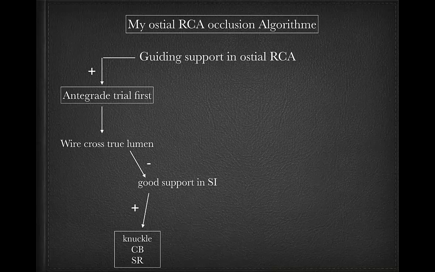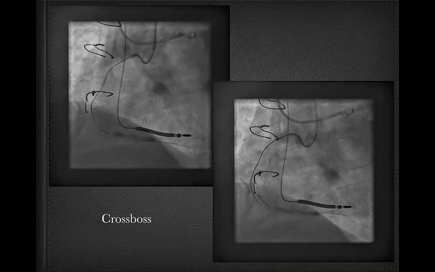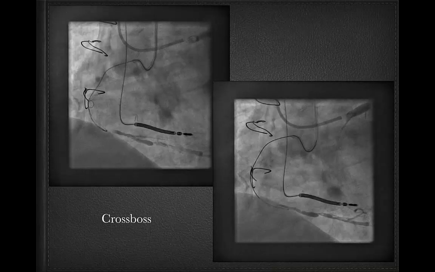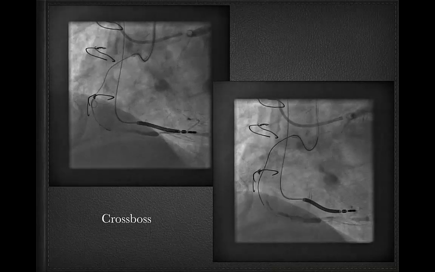So we are now in ADR position. So my Crossboss is coming. It is just in front of the landing zone at the distal part of the RCA.